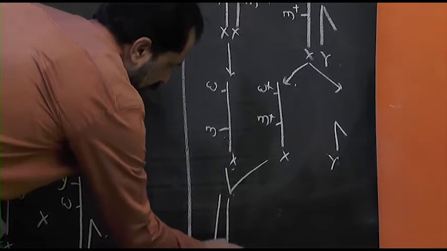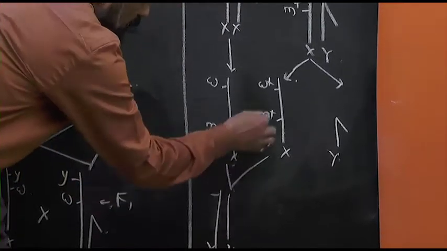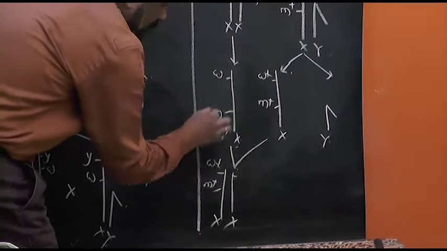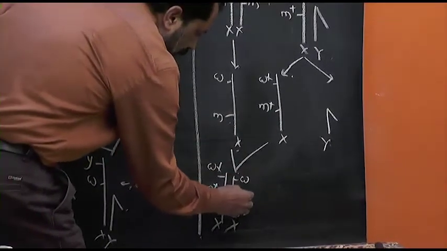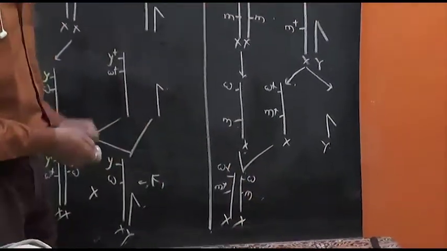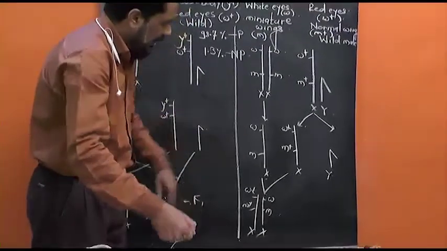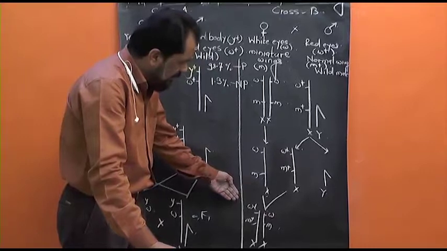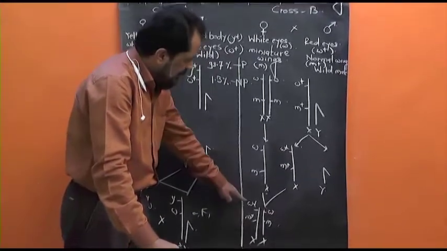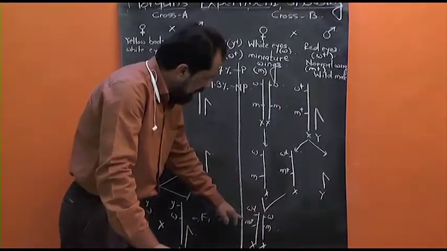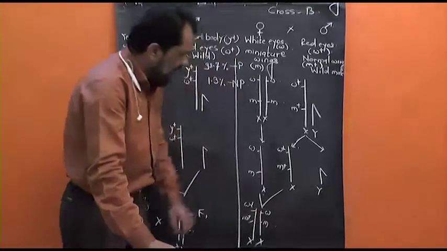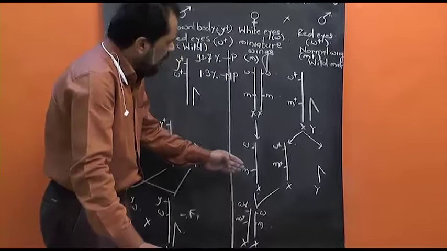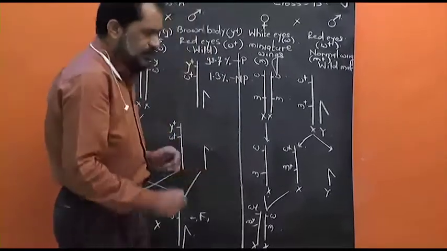That is, the female with W plus, M plus, and WM. Okay? Here, the female individual has a double heterozygous condition, W plus W, M plus M, and its phenotype is red eyes and normal wings.